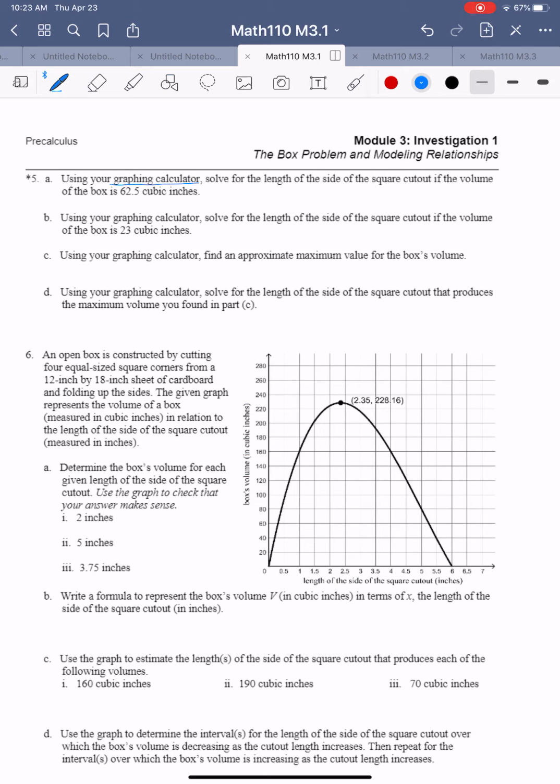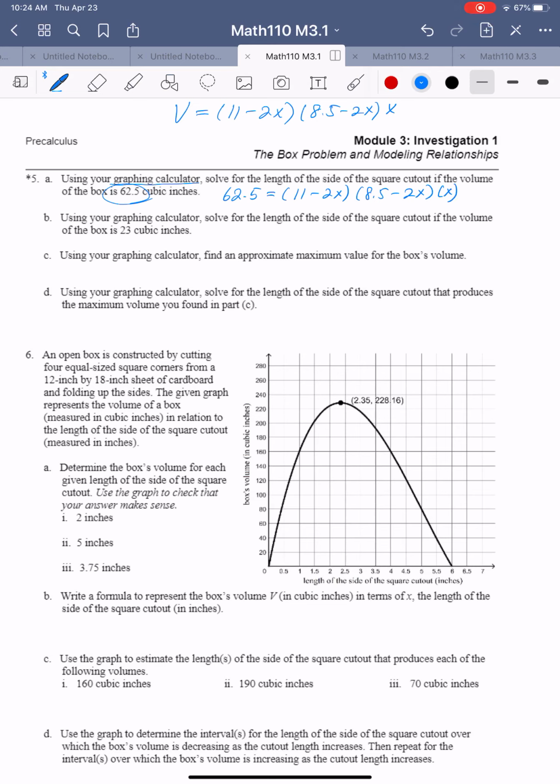This is the volume problem: 11 minus 2x times 8.5 minus 2x times x, but this time the given is the volume. So you have 62.5 equals 11 minus 2x, 8.5 minus 2x, times x.